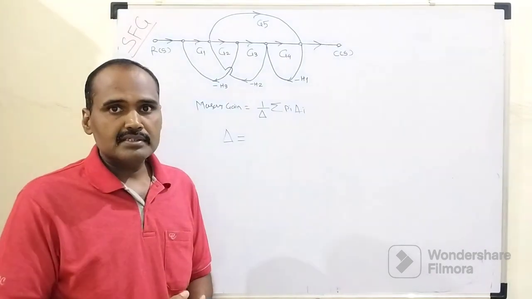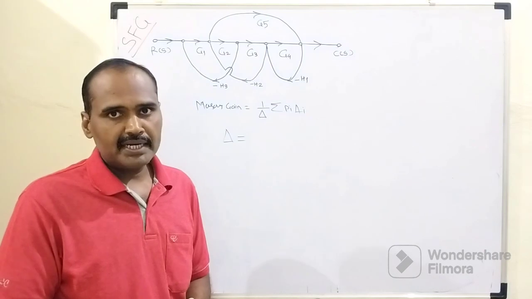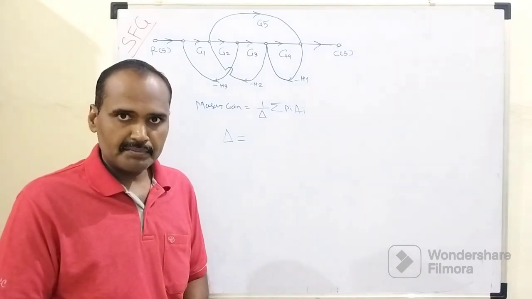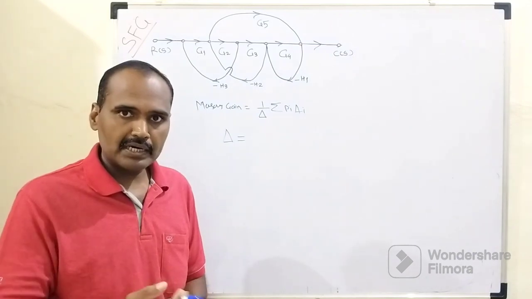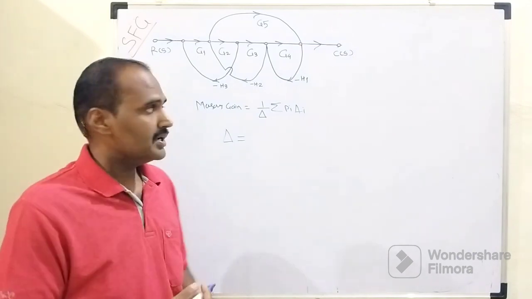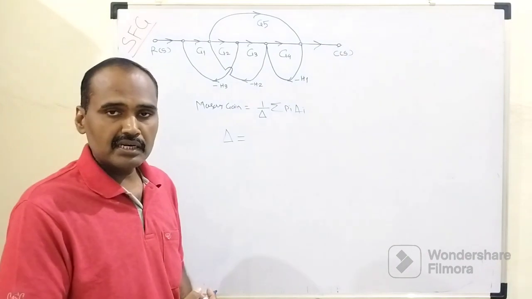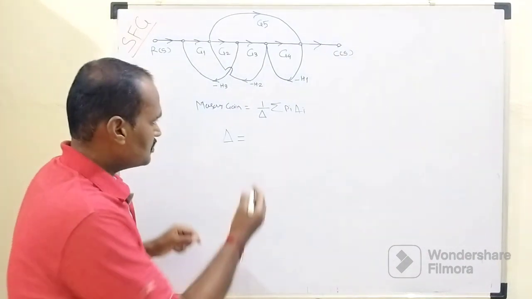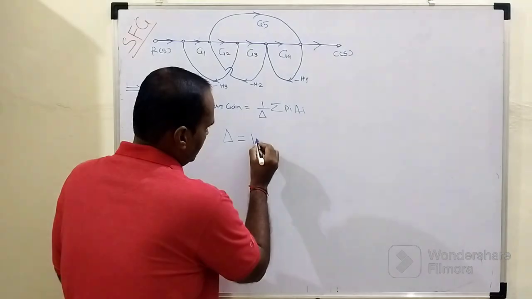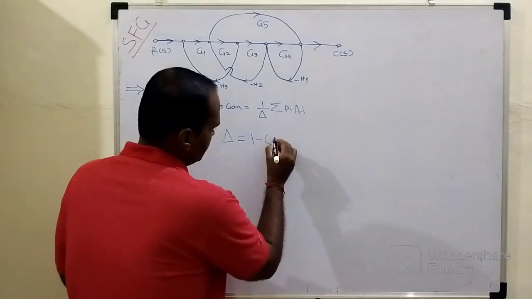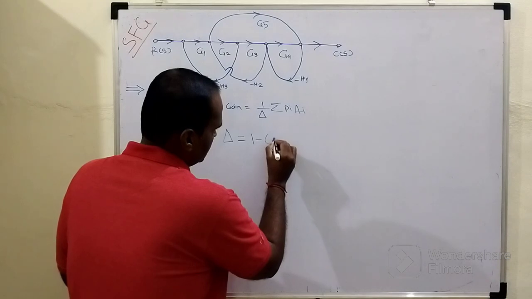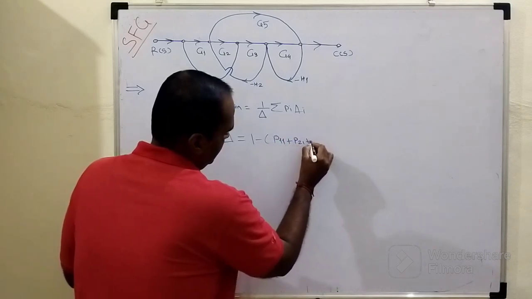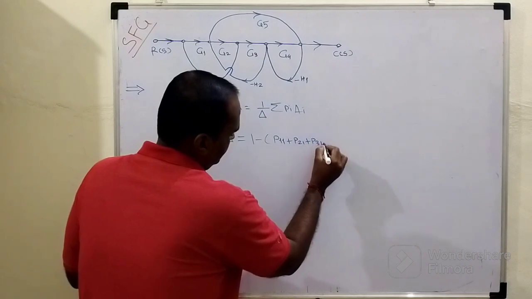We have a certain standard relation in order to determine this system determinant. For that purpose we need to collect a finite number of parameters belonging to the signal flow graph representation technique. So here delta equals 1 minus, within the first parenthesis, P11 plus P21 plus P31.